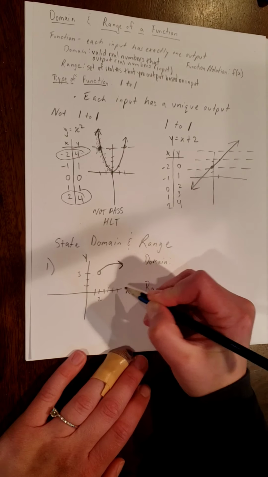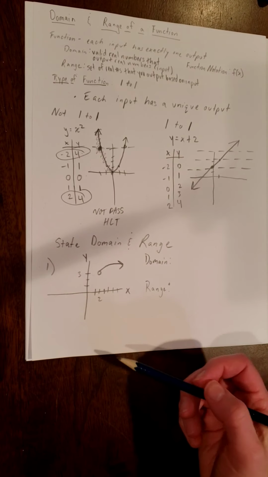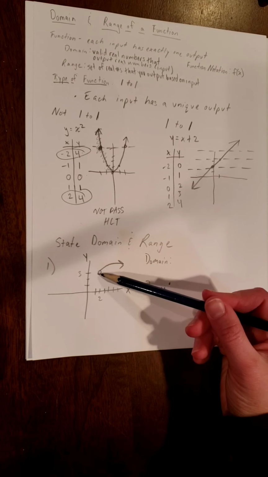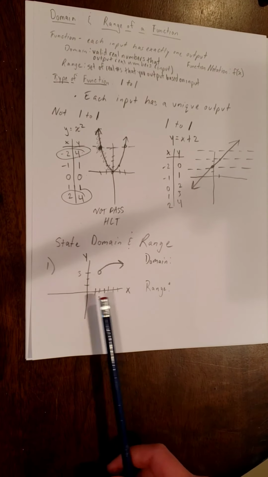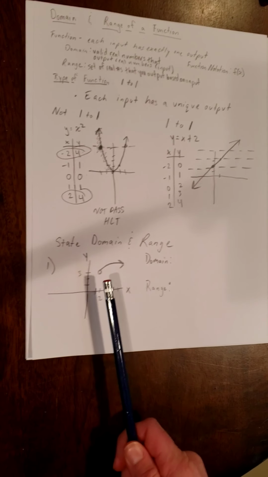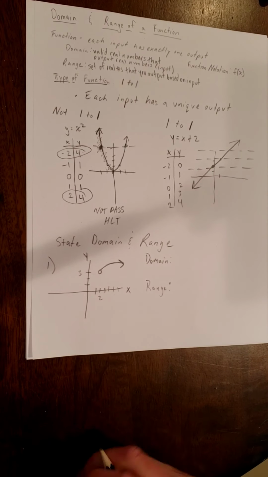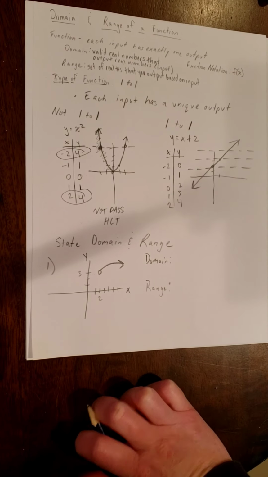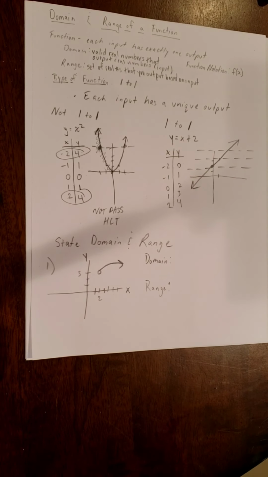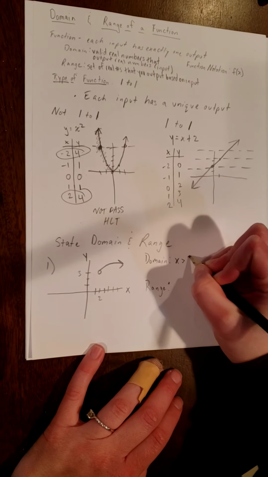We can see that x runs horizontally, so the graph starts here and goes to the right infinitely, which means it's picking up everything that's greater than 2. But since it's an open circle, we are not defined at 2, but we can get infinitely close to 2 from the right side. So the domain would be x is greater than 2.